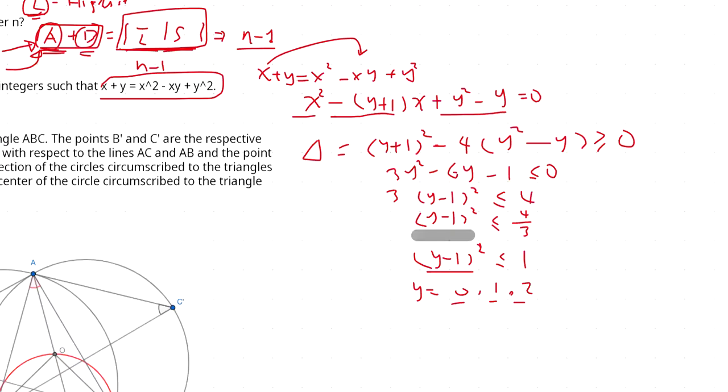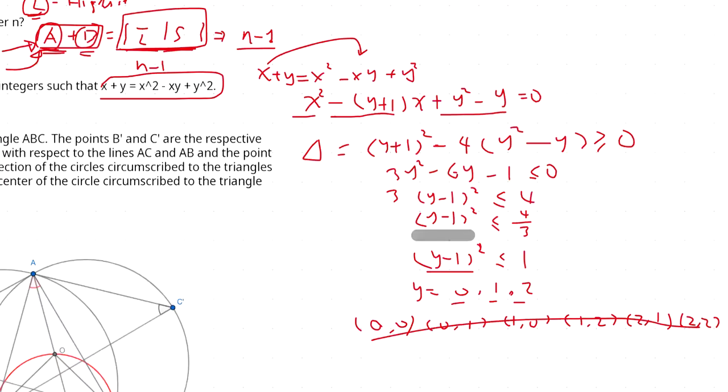So actually you have (0, 0), (0, 1), (1, 0), and I think we still have (1, 2), (2, 1), and (2, 2). Yeah, those are all the possible solutions of x, y for this equation.